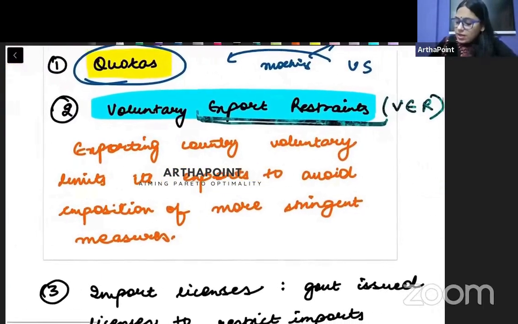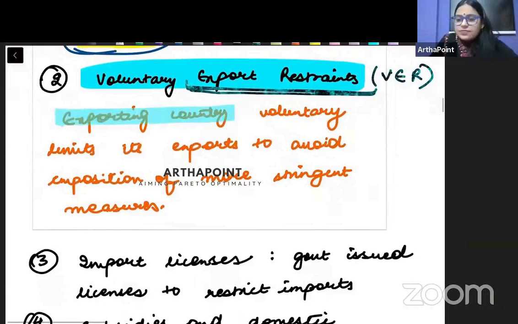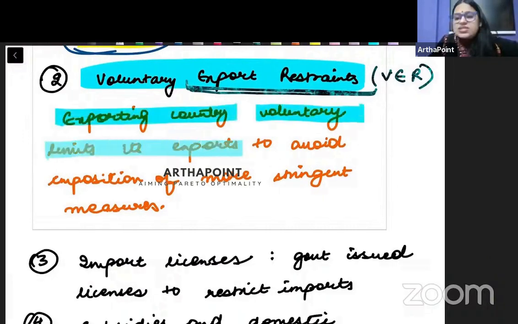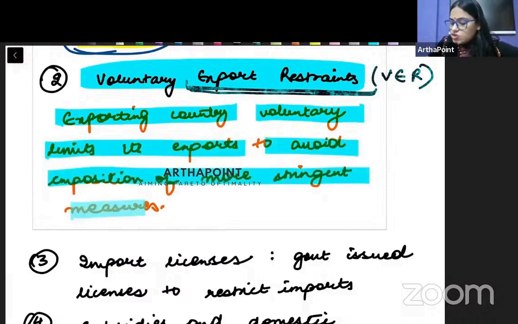Read it out, beta. Exporting country, जो country export कर रही है, the country that is exporting, voluntarily limits its export. It is stopping its export voluntarily to avoid imposition of stringent measures, ताकि कोई दूसरी कंट्री उसको कोई भी एक stringent, एक strict measure ना ले.